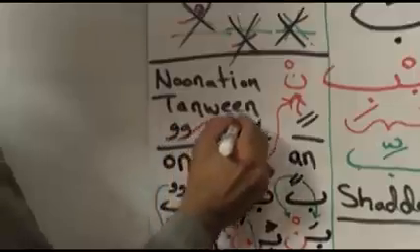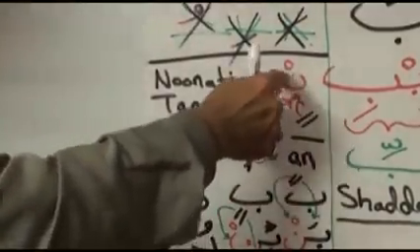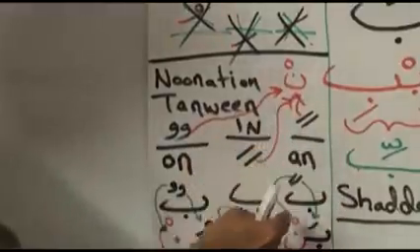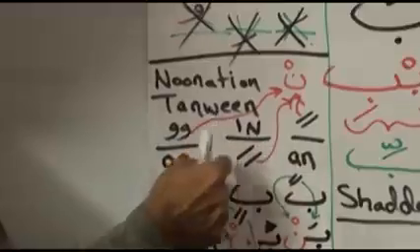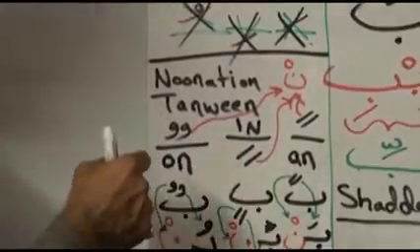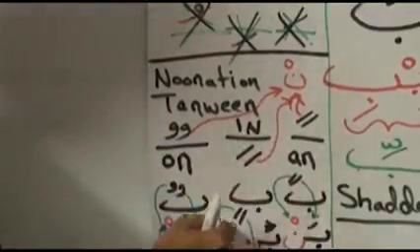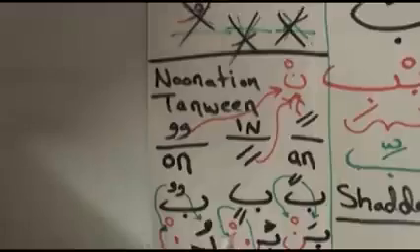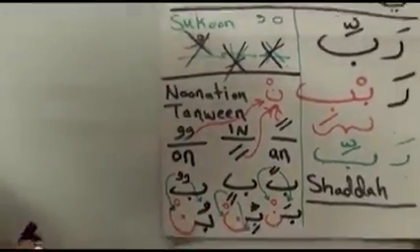And this is silent noon. One sign is a, another sign is n, an. One sign is e, another sign is n, in. One sign is u, another sign is n, un. An, in, un. Ban, bin, bun. This is just to show you how this is pronounced. It's pronounced regular like noon, silent noon.